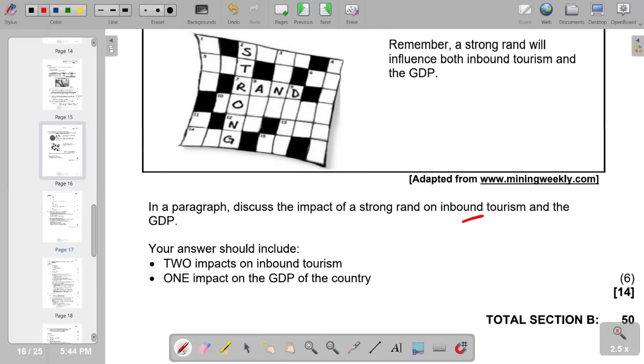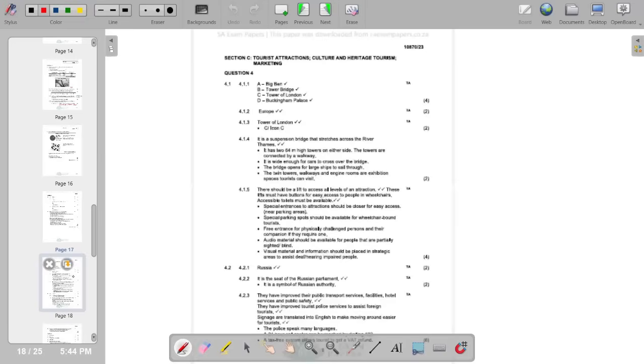So in that case, we are going to see fewer inbound tourists coming in, and that's the impact. Also, local goods are going to be less demanded. We are going to see the demand going down, since it's now expensive for foreigners to come and buy those goods. So typically, those are explanations that we have on that part.